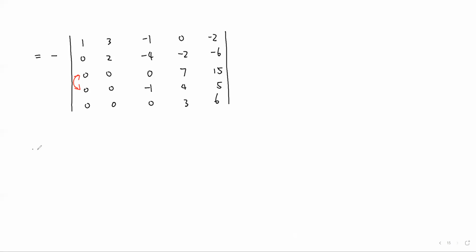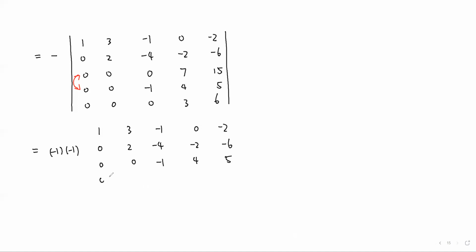So here, there is a negative. So -1 times -1. Add a minus sign. Switch. So 0, 0, -1, 4, 5.